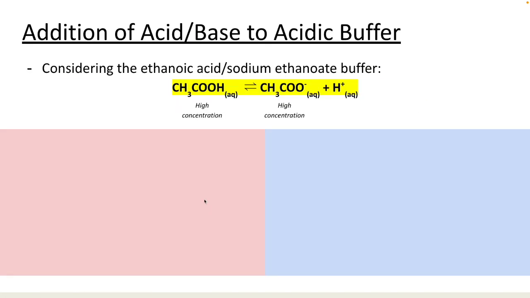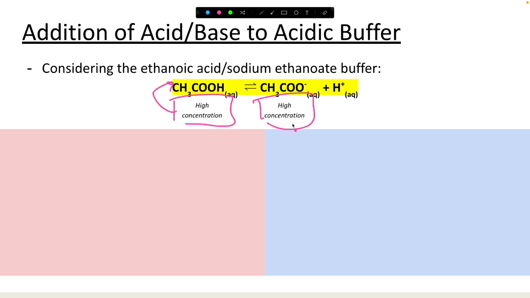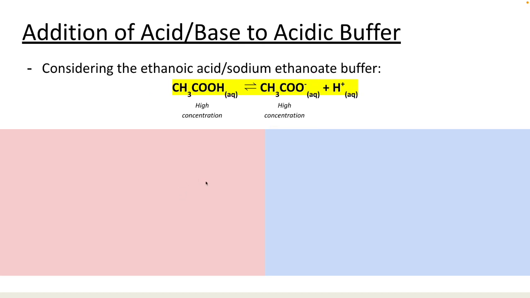But let's just think conceptually about what is occurring to keep the pH constant in these situations. So crucially, we have a relatively high concentration of our weak acid, a relatively high concentration of our conjugate base, and the hydrogen ion sufficient for whatever pH region we're trying to buffer. So let's think what would happen if we added acid to this solution.